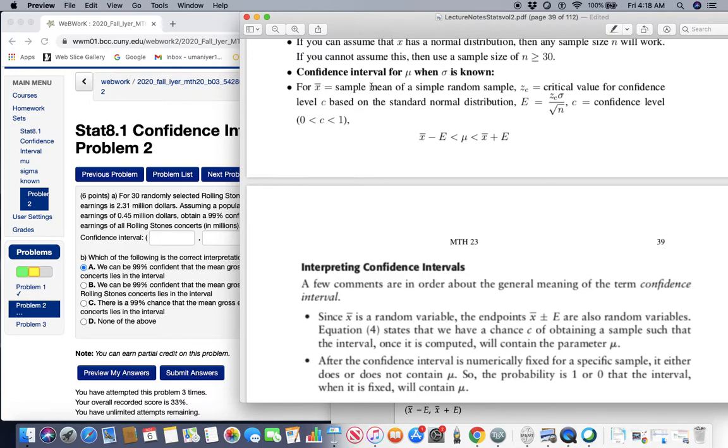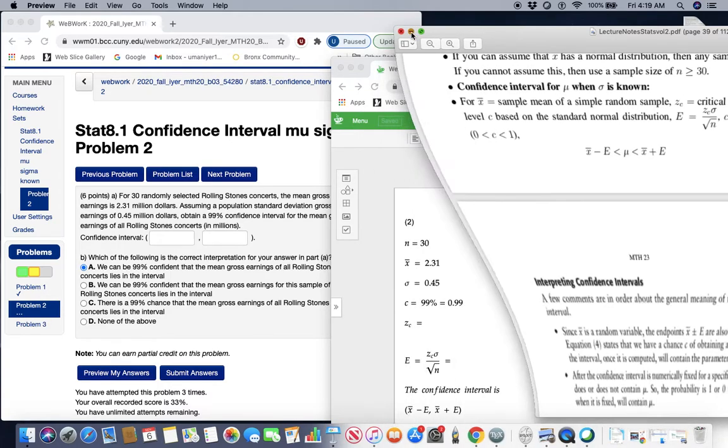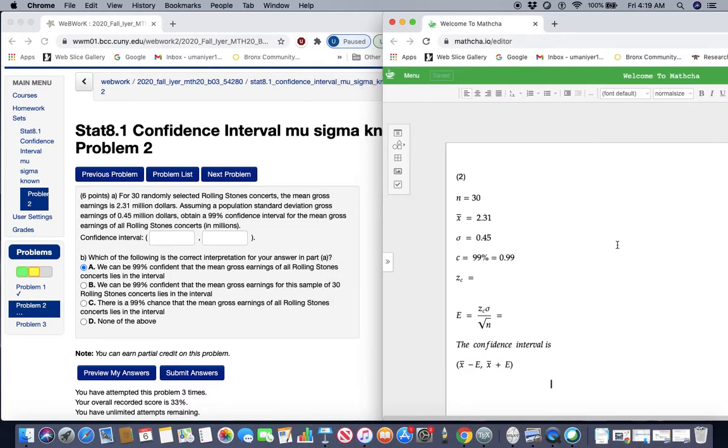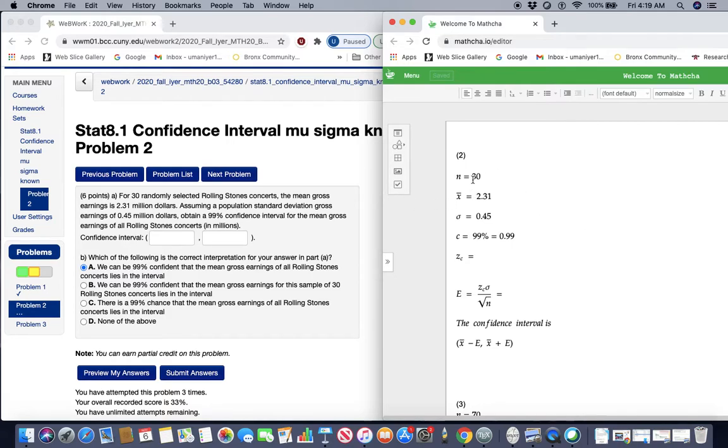X bar is the sample mean of a simple random sample. Z c is a critical value. Then E is the maximal error allowed, given by this formula. X bar minus E, X bar plus E is your confidence interval. So I have written this information here. N is 30 because we have 30 randomly selected concerts.